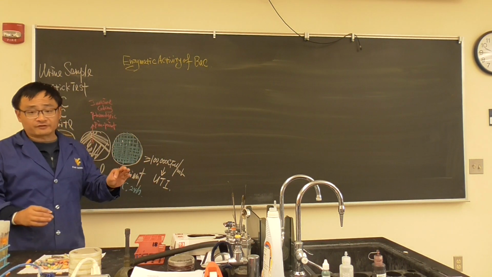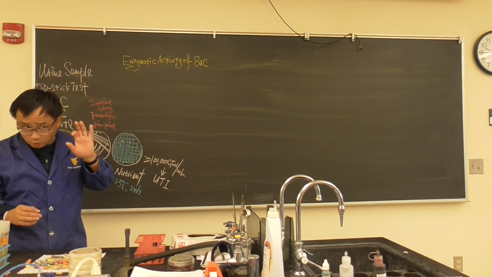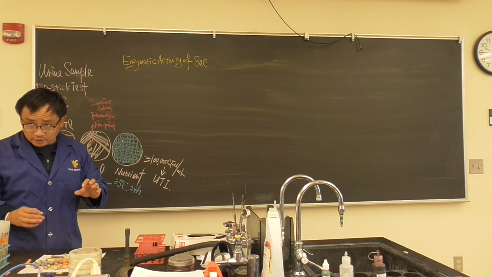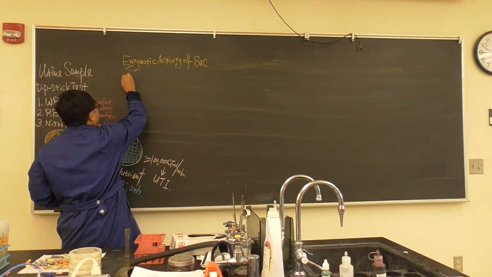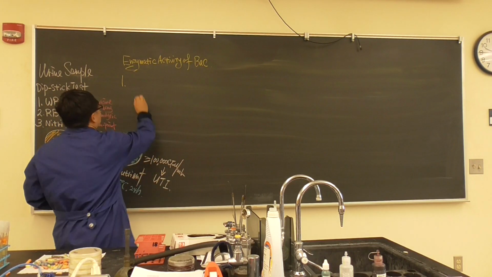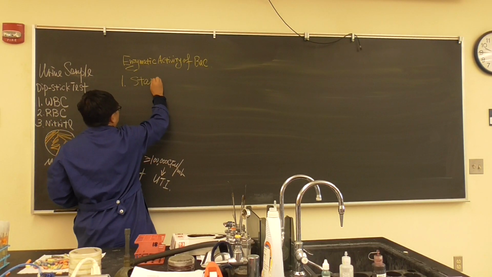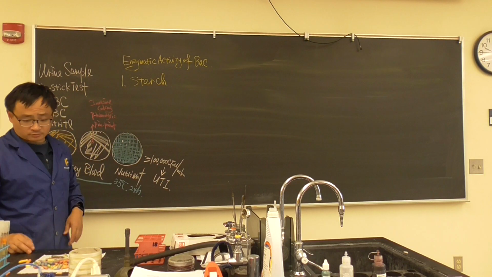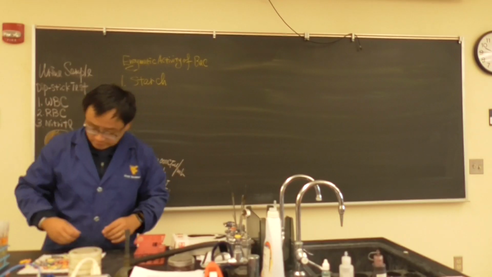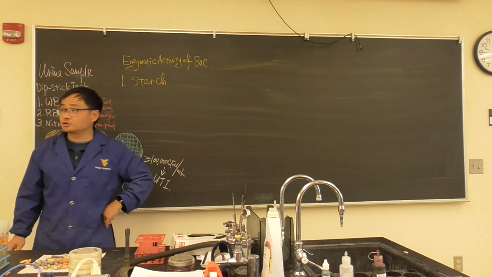However, in real life, they don't always get glucose. They'll get lots of other energy resources. For example, they may get starch. What is starch? Can somebody tell me what is starch? Can you draw a picture of starch?